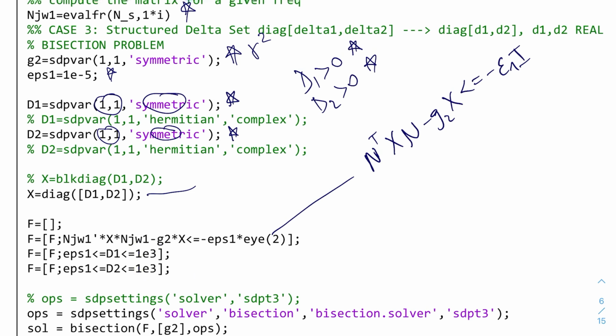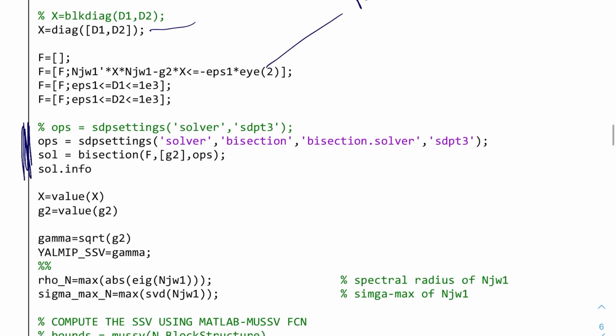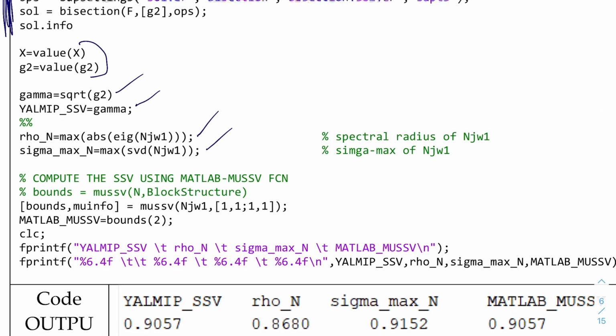This part would be the first point where I change if I had some error, right? Again, they're the same compared to the previous cases, and we get the x and gamma 2 or g2, and we get the gamma, and again we assign it to Yalmip SSV and spectral radius and sigma max.